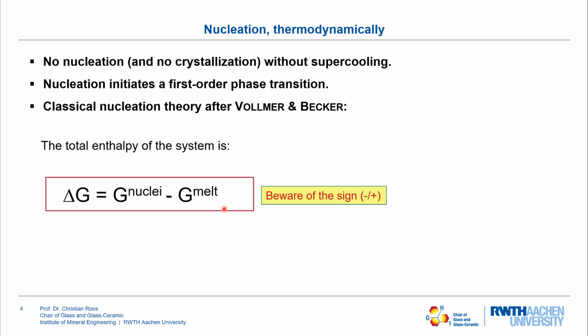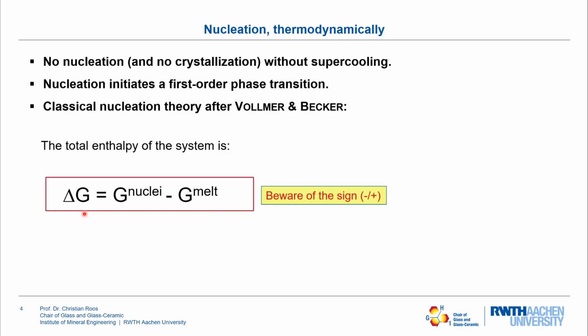There are some other textbooks who define this delta G as the free enthalpy of the melt minus the free enthalpy of the nuclei. And in that case, the nucleation takes place if delta G is positive.